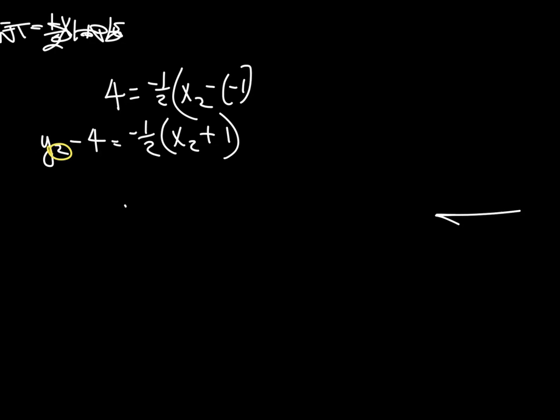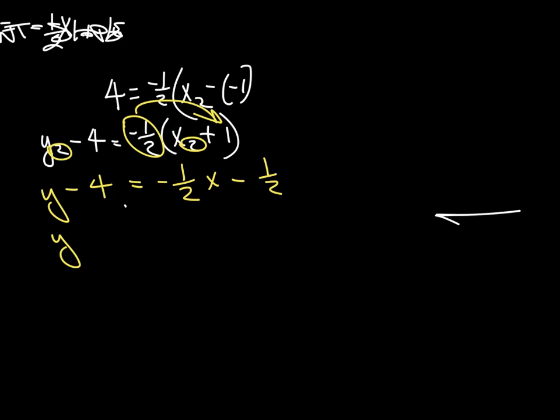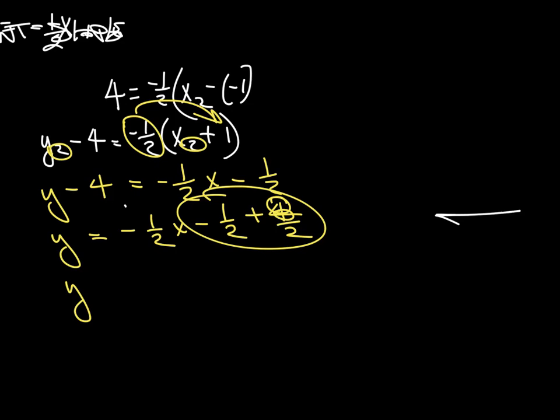We don't need the 2's there anymore because we only have one y and one x. Okay, so I multiplied that times that. Okay, so now I'm going to add 4, which is actually going to be 8 over 2, so I have common denominators, so I can add those.